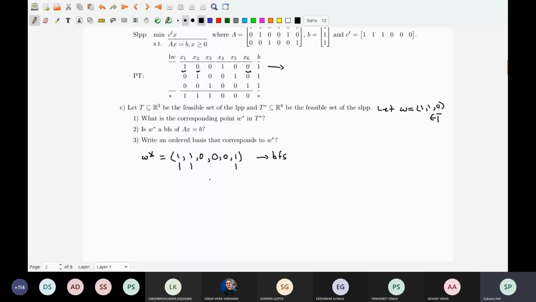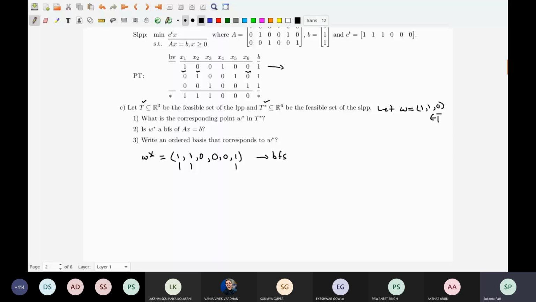I cannot see T star, but I know this is a vertex. This is one answer. The other answer is that, as we know from a previous exercise, there is a 1-1 correspondence between the vertices of T and the vertices of T star. That is an alternate answer.